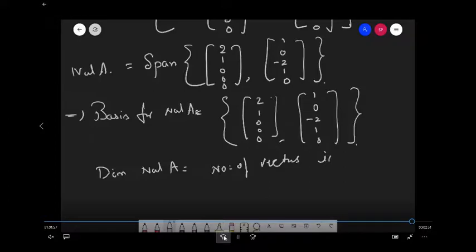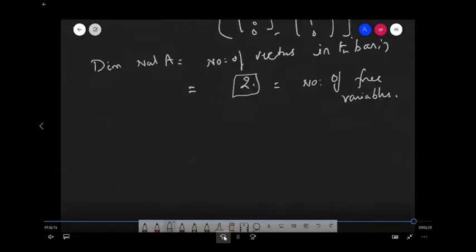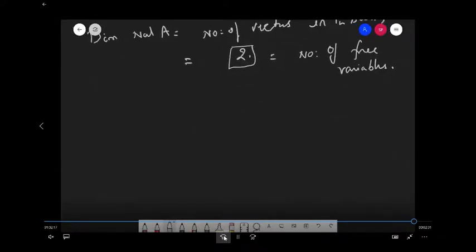How many vectors are there in the basis here? Two vectors are there in the basis. In null A you have infinite vectors, but here two. So I can say this is also equal to the number of free variables. So the dimension of null A is equal to the number of free variables. I can even use the other word also, number of non-pivot columns.